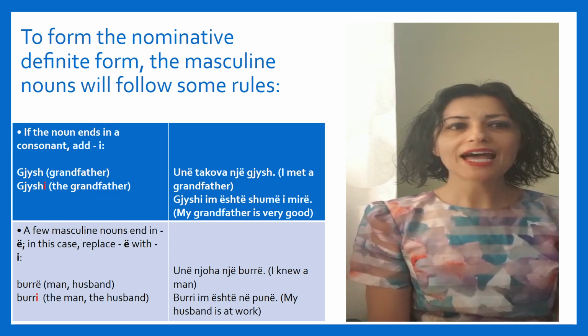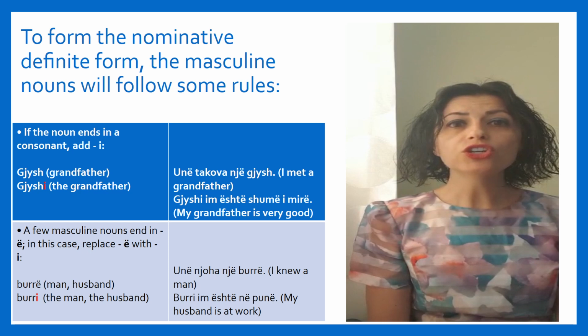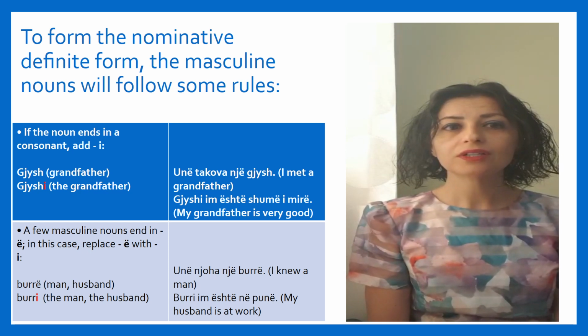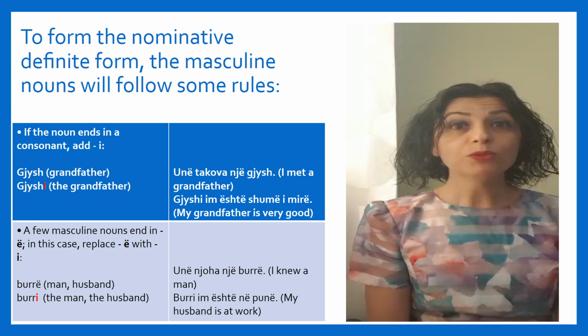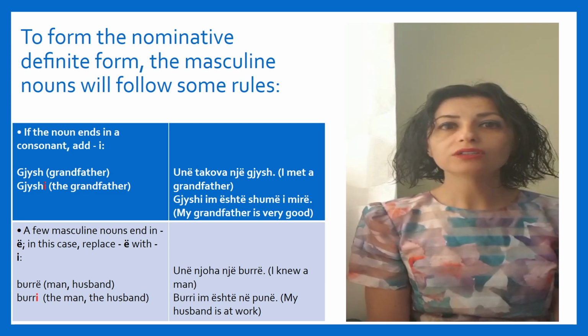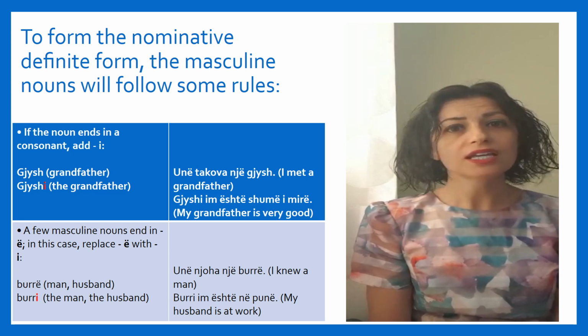Now, let's see one example with burra. For example, unë njoha një burrë. I knew a man. The example with burri. Burri im është në punë. My husband is at work.